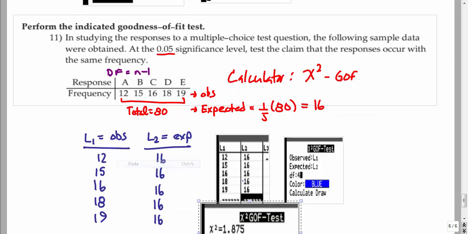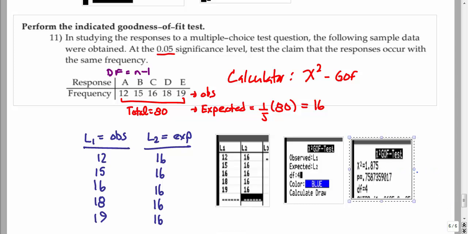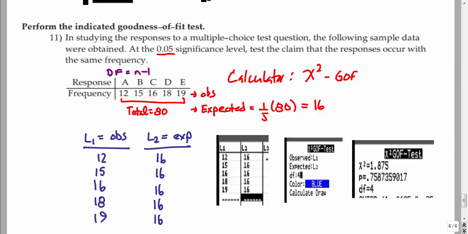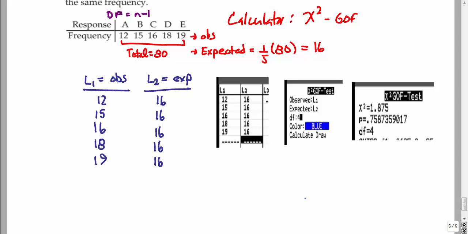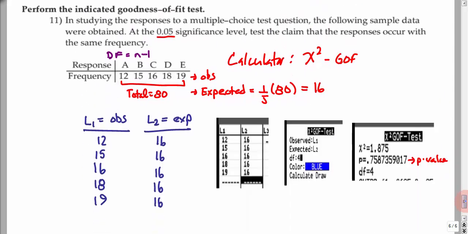We could also use our paper tables to compare it to this test statistic, but I'm really more interested in that p-value. If we look at that, the p-value is huge. So if I have to make some sort of a decision here, I should be able to fail to reject H0.